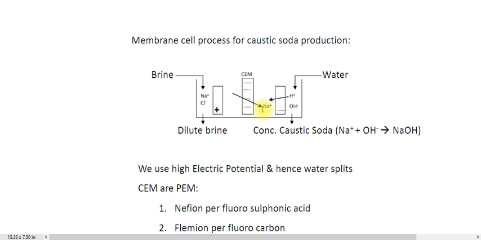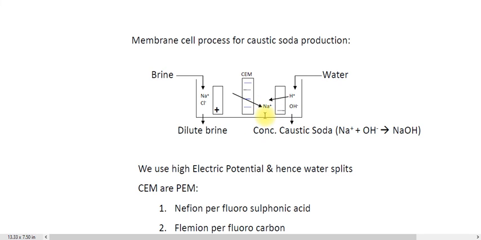The ratio of that, the current passing through the Na positive ion divided by the total current, is called the transport number. It signifies the quality of the membrane. It should be 1, meaning the current should be carried only by the Na positive ion.